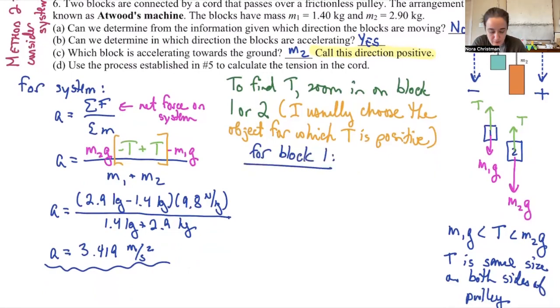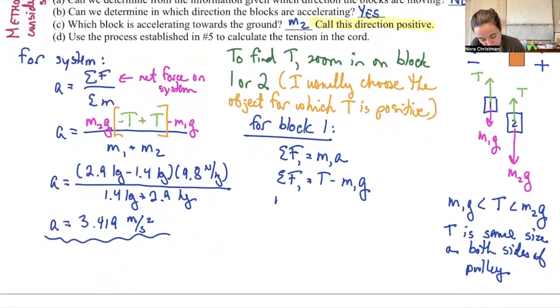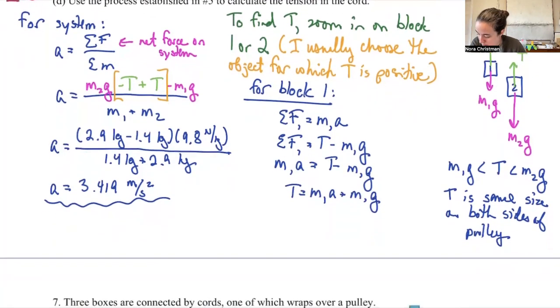Okay, so I'm going to zoom in on block 1. I know the net force on block 1 is M1A. I know the net force on block 1 is T minus M1G. And factor out that 1.4.